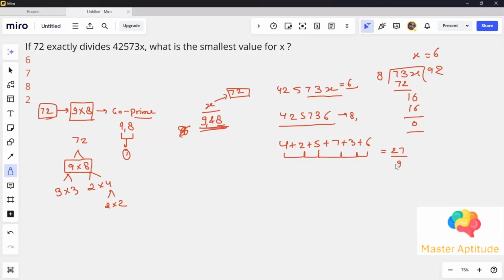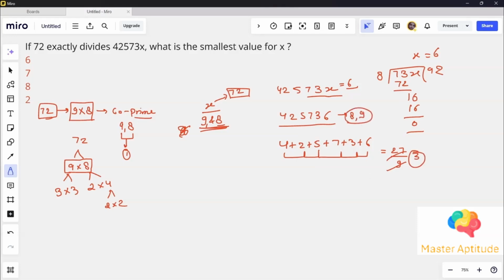So the divisibility rule of 9 is very simple: if the sum of the digits of the number is divisible by 9, that particular number will also be divisible by 9. 9 3s are 27.